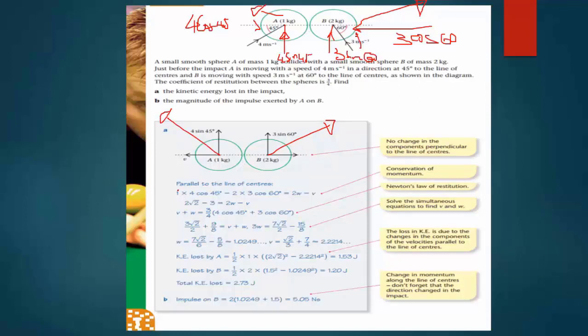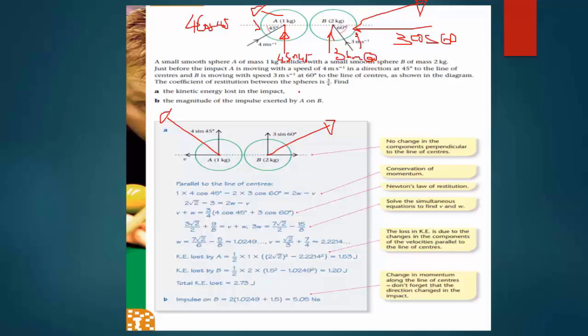Sawa. So always as usual, there is no change in the components perpendicular to the line of centers. So they usually remain intact. So there is no change in that.